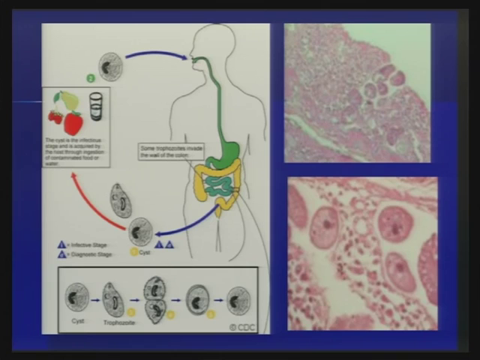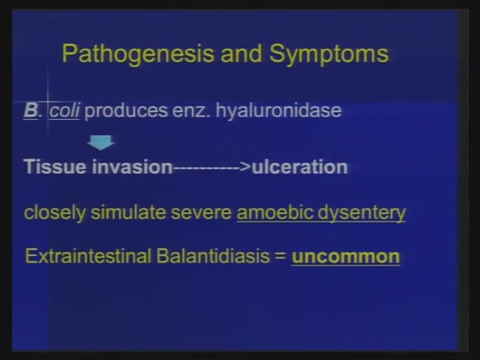Very good. Her common sense is good. She said the size. Wow, right. She's right. The size is very big. Very uncommon. But we can see it. It means that the patient was very, very unlucky to see this kind of extraintestinal balantidiasis.